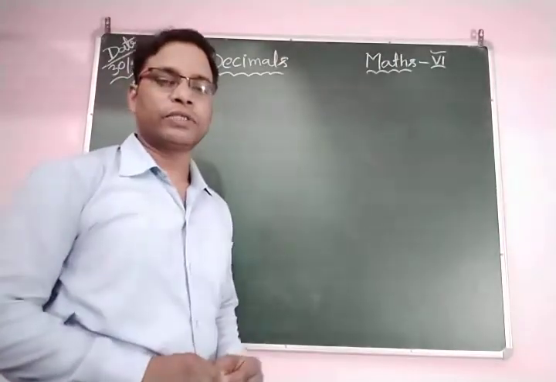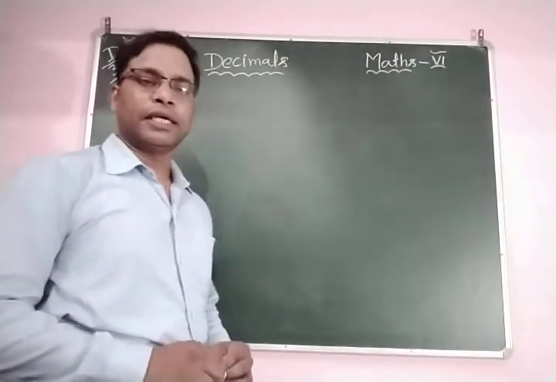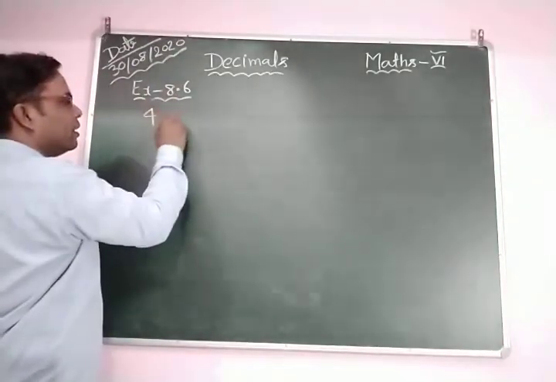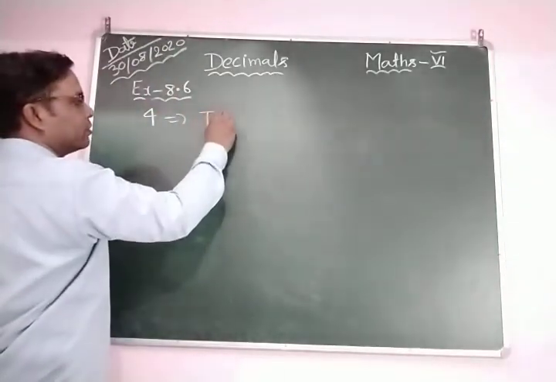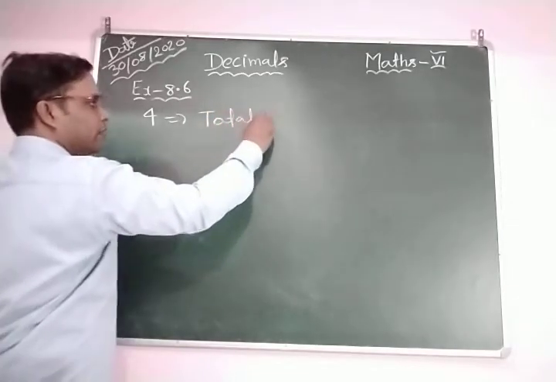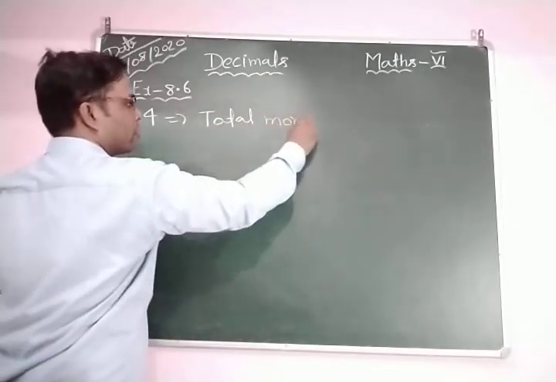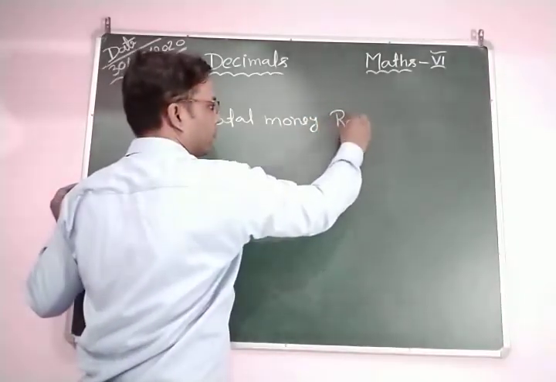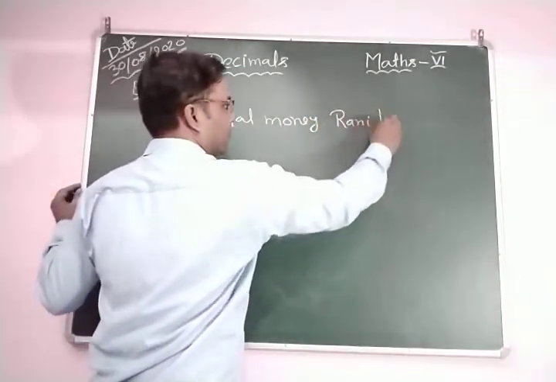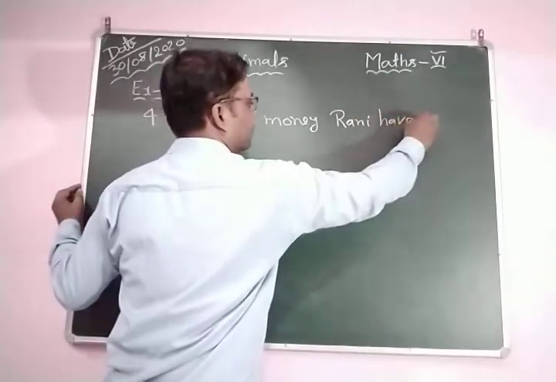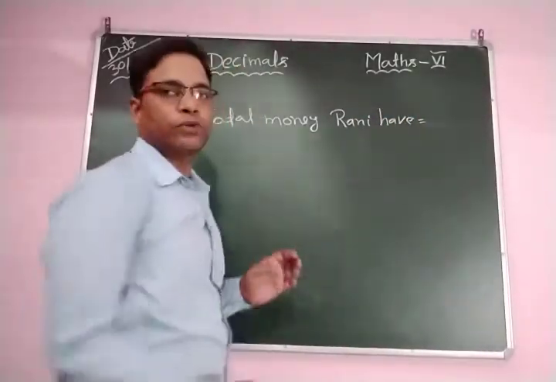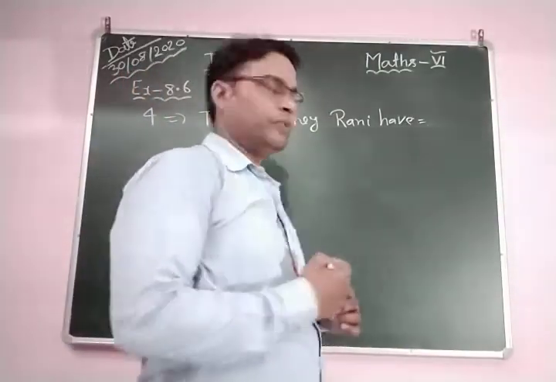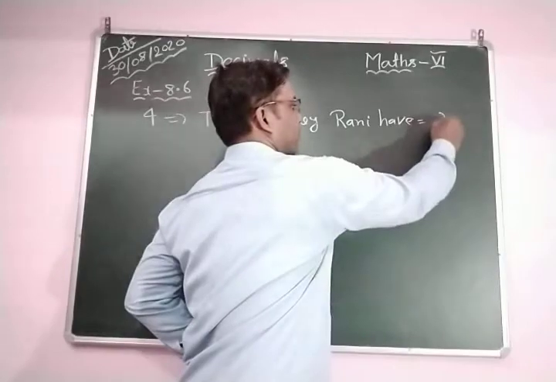So here in this question, given total money Rani had. So we write here, this is question number 4. Total money Rani had is equal to, this is given in this question, 18.50 rupees.